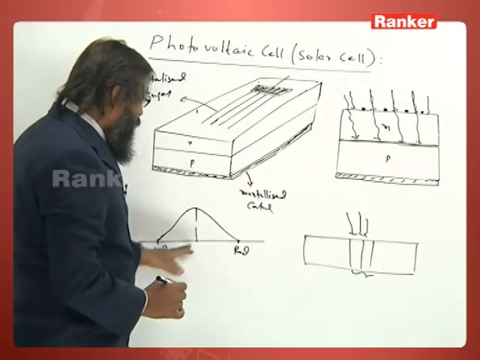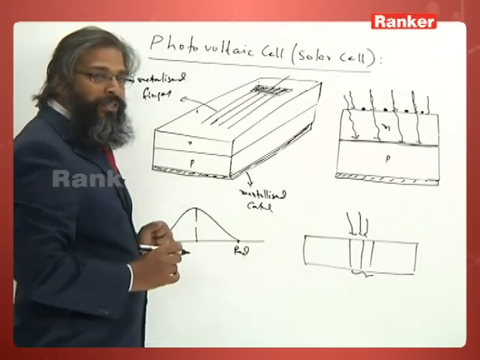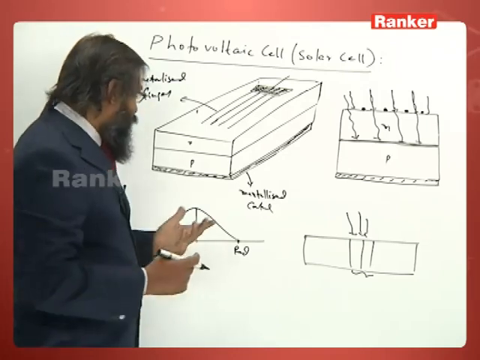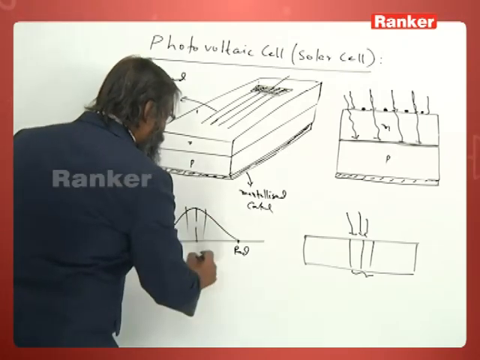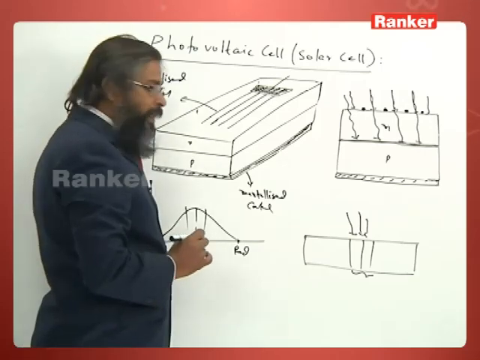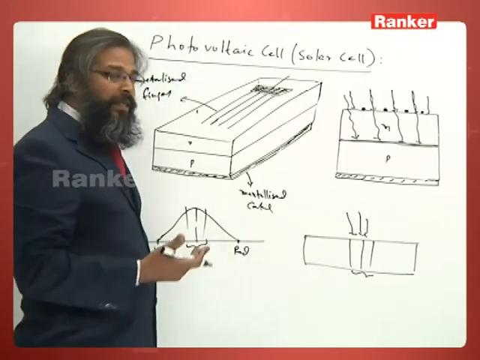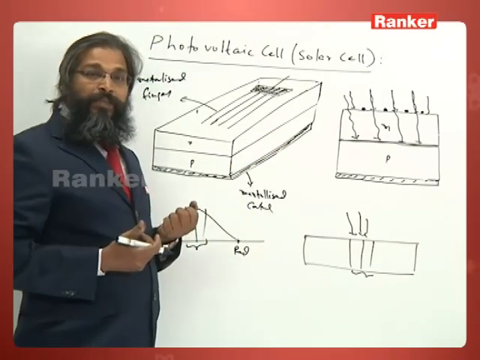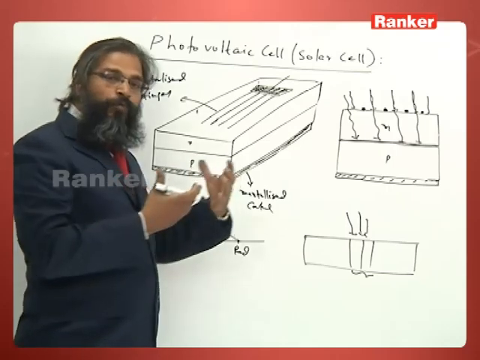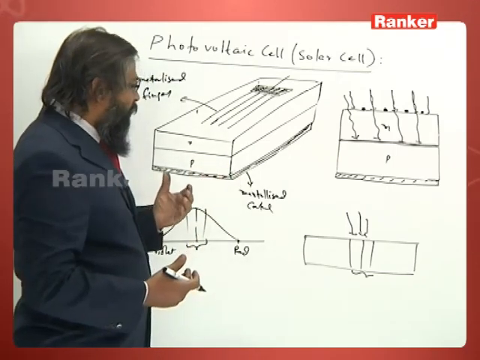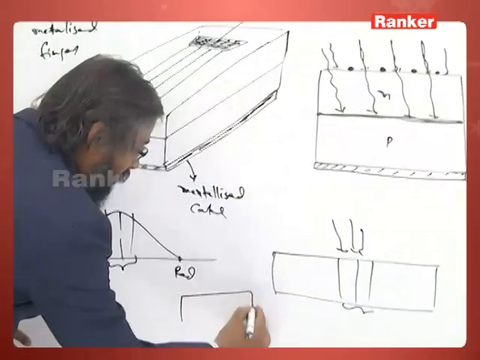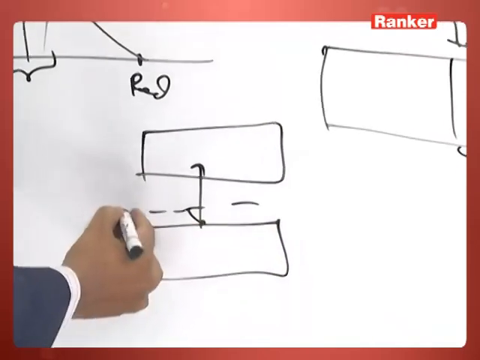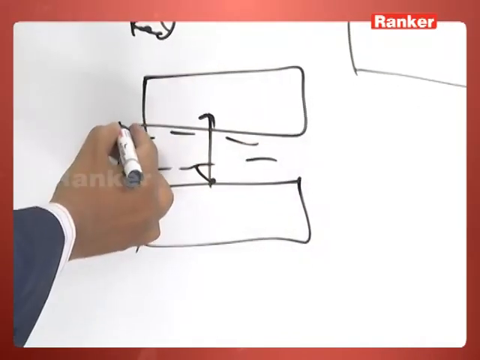Our eye is sensitive in this region. Now suppose we have to design this solar cell to capture sunlight. Sunlight has maximum energy in this visible region. If I have to use another light, suppose the light in our classroom, then this light is not similar to sunlight, it is near the violet region. That means we have to design our forbidden gap in such a way that these are the donor energy levels and these are the acceptor levels.